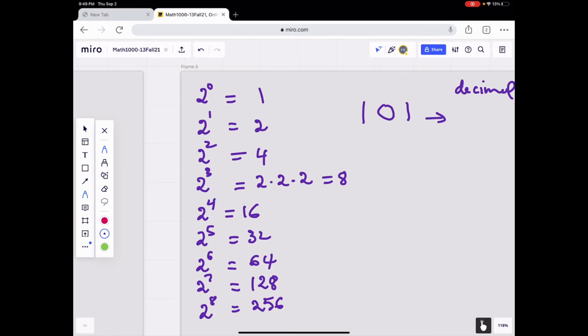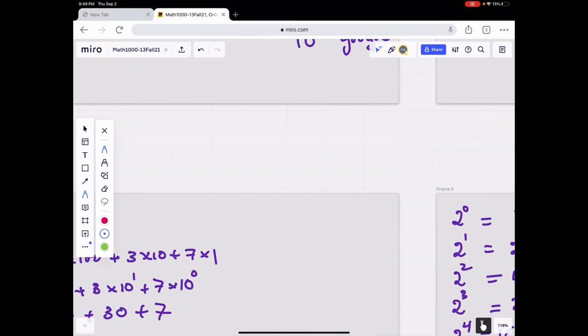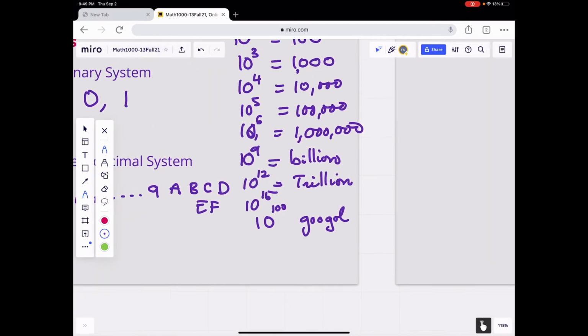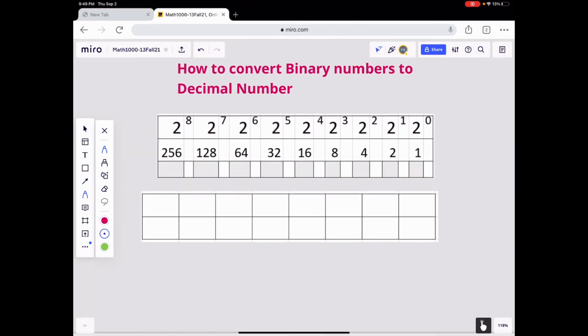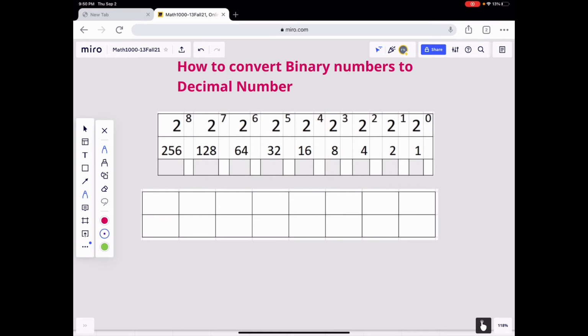But before we do, let's look at the decimal number too, and we can deal with that when we get to decimal number. I'm going to show you the way we do it horizontally, rather than looking up and down. So you have 2 to the power of 8 equals 256, all the way to 2 to the power of 0 equals 1.